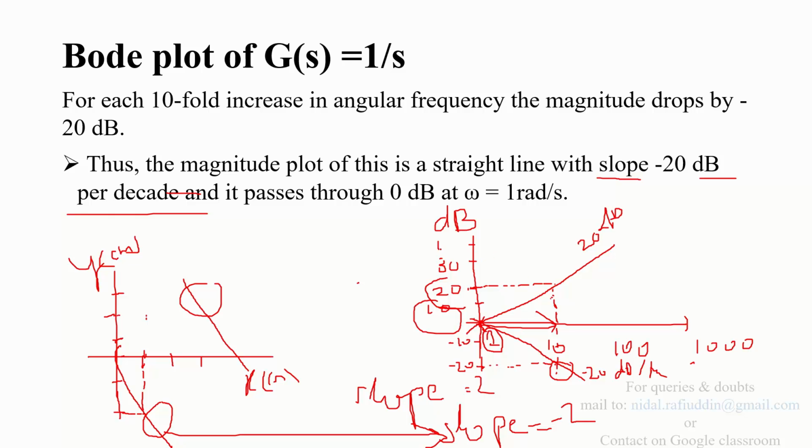Likewise, if you're interested in plotting plus 40 dB per decade, you're going to take 40 parts on the y-axis and 1 decade on the x-axis, and the line that passes through the origin and this point will have a slope of 40 dB per decade.